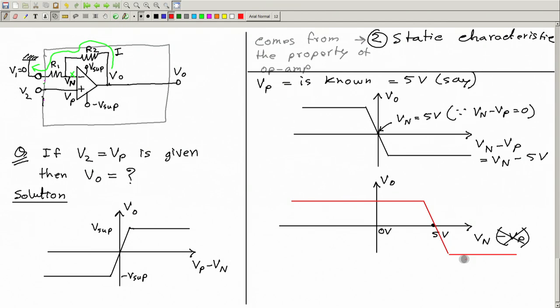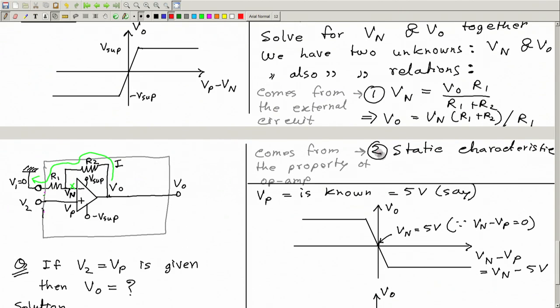Okay, so now this is the curve for Vn versus output. So this is one relationship between Vn input and output, okay, which is coming from the static characteristic of op amp. And so this is relation 2, this relationship.